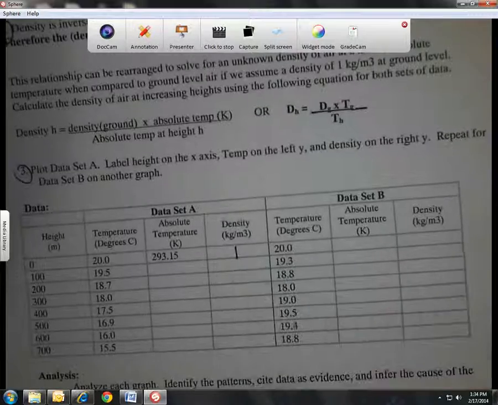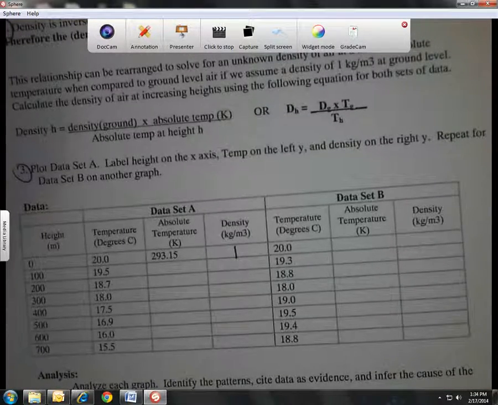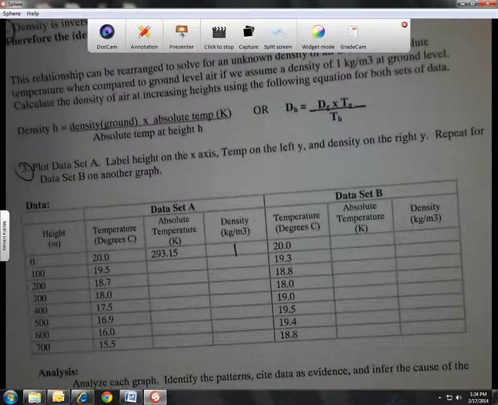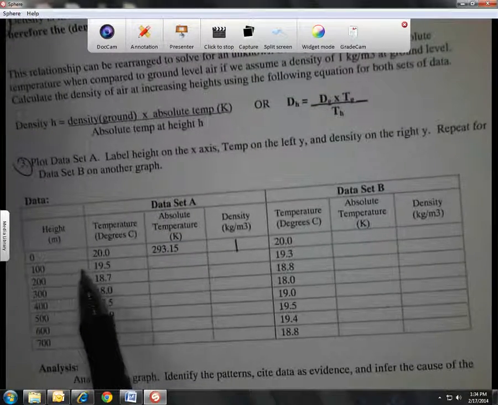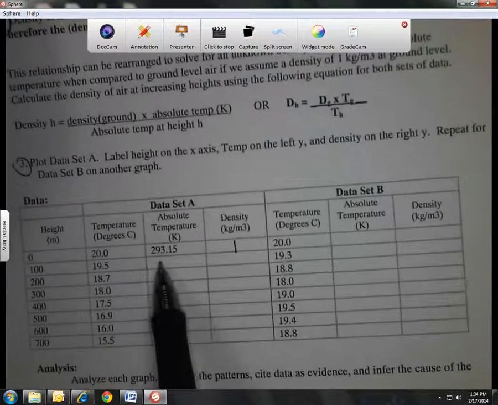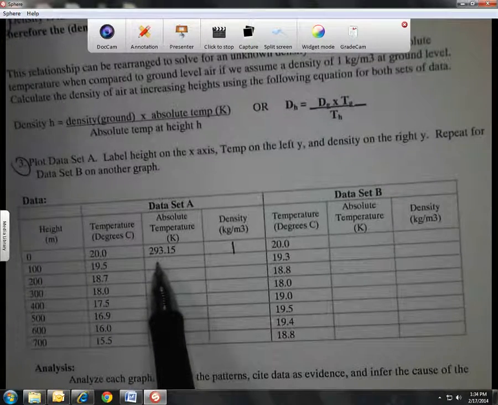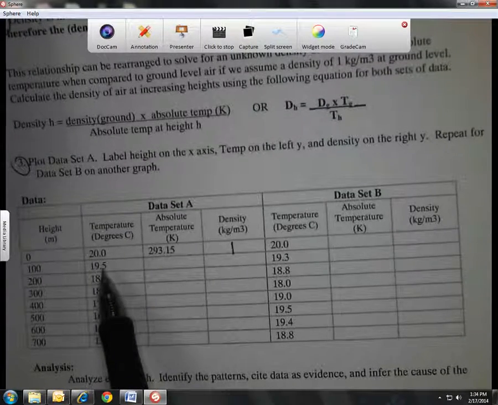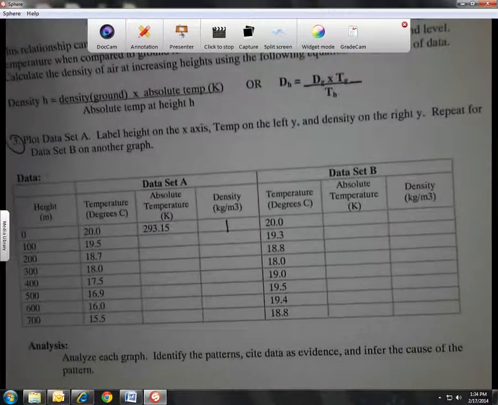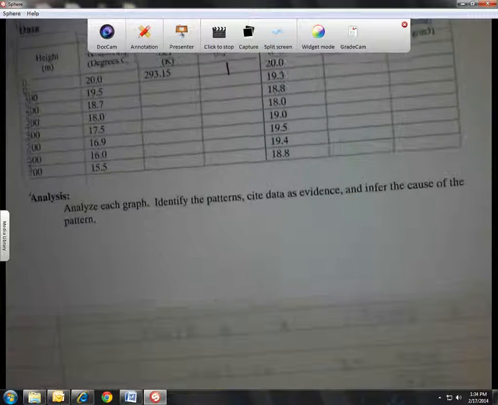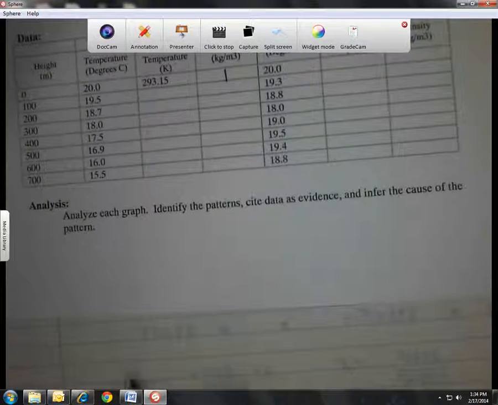Alright, so let's move on to the second one. We're looking at a height of 100 meters, and we want to figure out our absolute temperature. Remember, absolute temperature is 273.15 plus our temperature in Celsius. So I'll just write it down here for us. We're looking at 273.15.